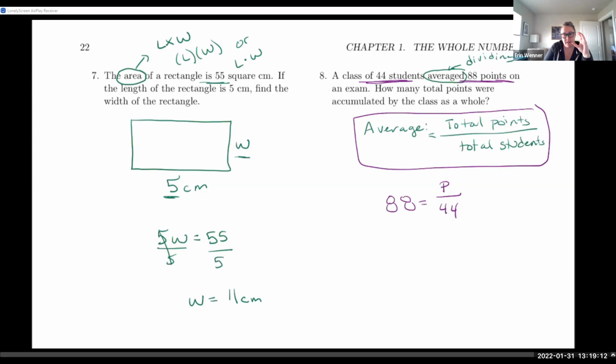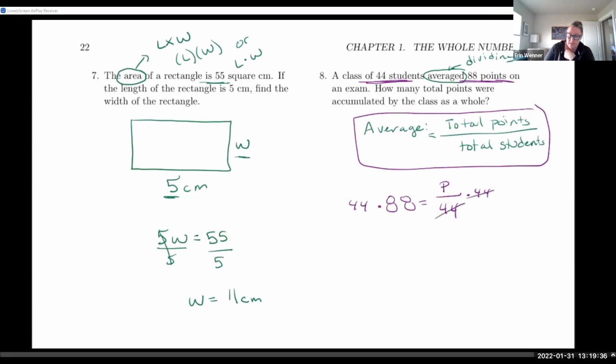Since our variable is in the numerator, when we're monitoring the validity of our answers, the number in the numerator needs to be bigger than 44 if we get a whole number 88 as our answer. So when solving for P, I'm going to multiply both sides by 44.